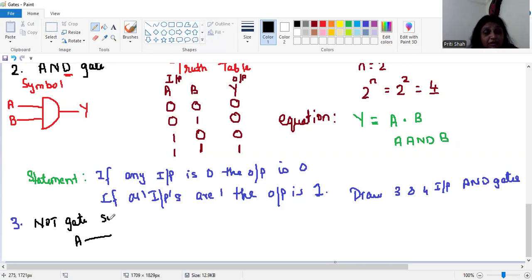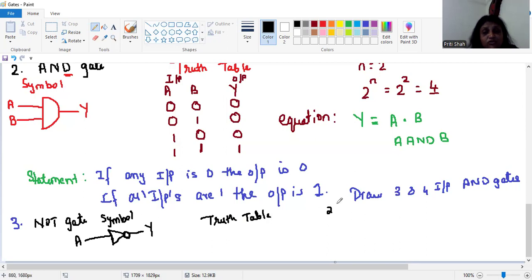I'm drawing its symbol over here. It has got only one input, which is A. It has a triangle and a bubble. This bubble is actually the negation. So A, and the output will be Y or X or whatever you want to name it.